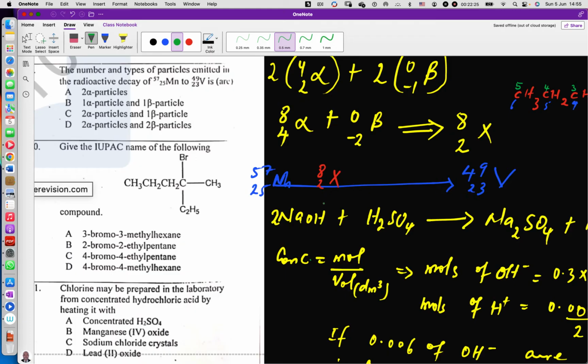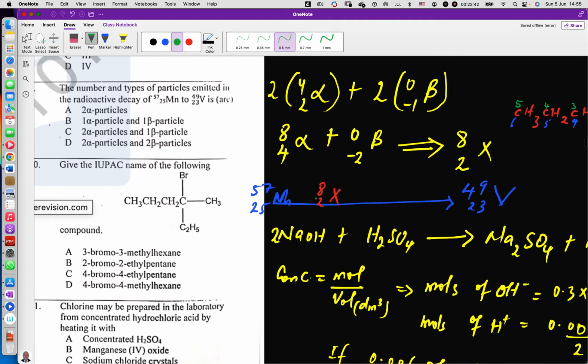From our calculation, we have seen that 8 mass units and 2 atomic number units have been lost, and we are looking at alpha decay. 2 alpha particles have been emitted.